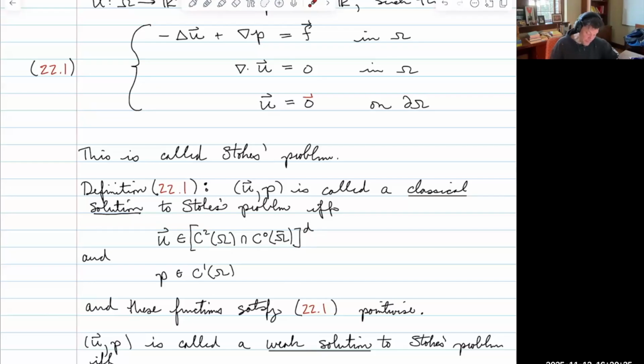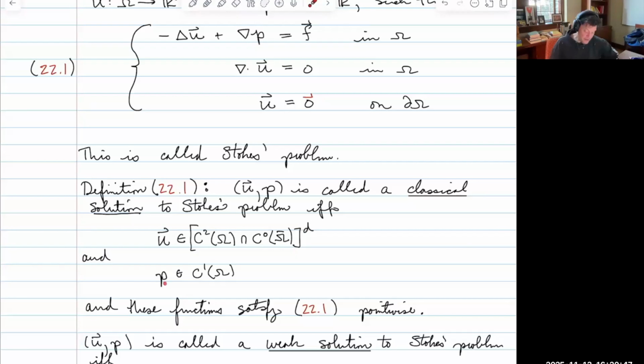So for the first component, I'm going to require that it's a C2 function over omega and a C0 function over omega closure. For each component, I'm requiring the same regularity. So we use this notation to designate that.